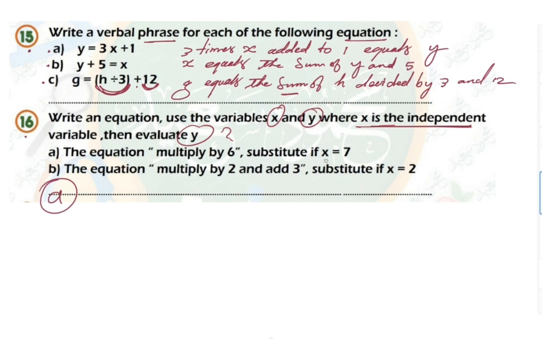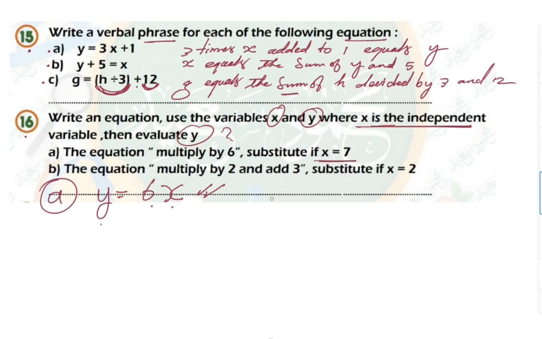Substitute x equals 7. So multiply the independent variable x by 6. The dependent variable y will equal 6x. This is the equation.